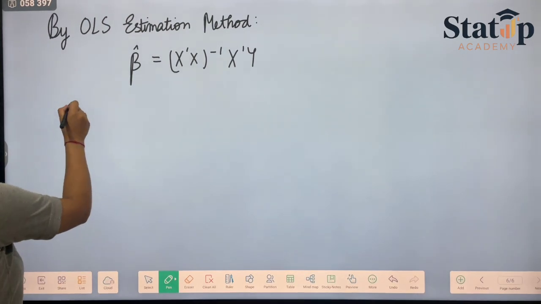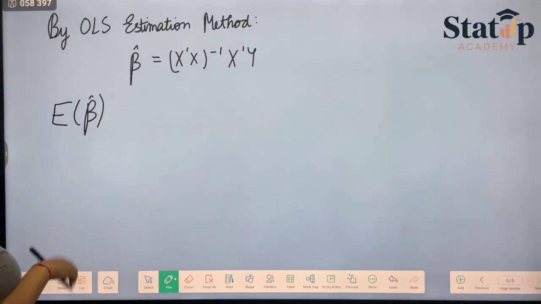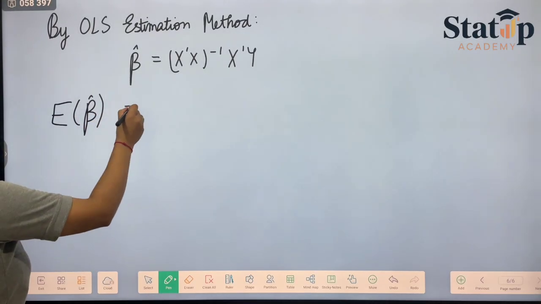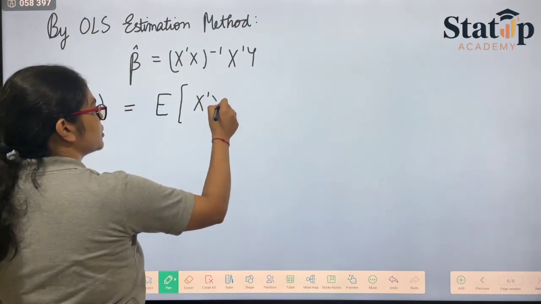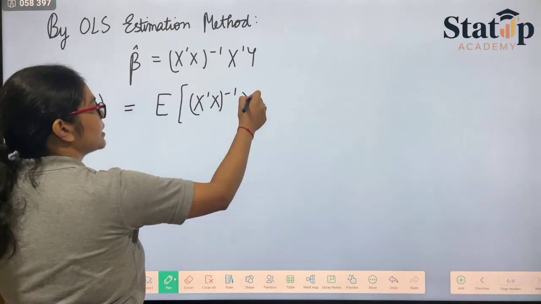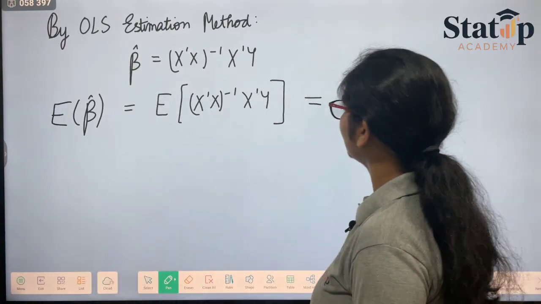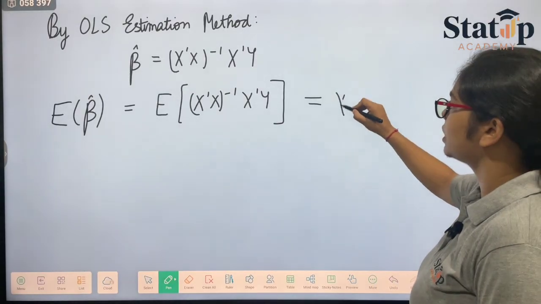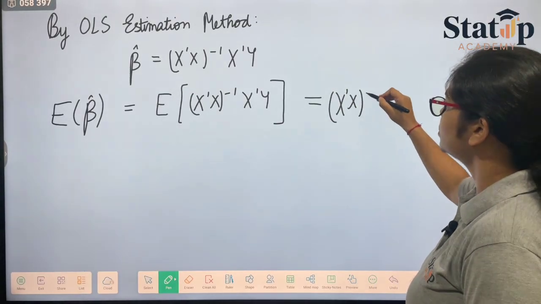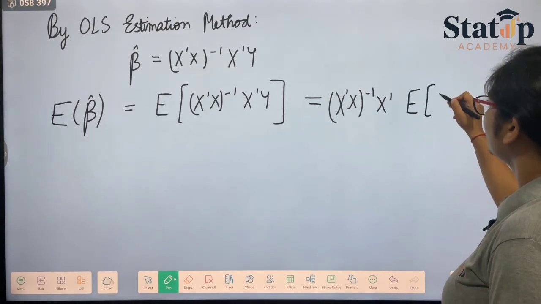Now if we have to find the unbiasedness of this, then we will find the expectation of beta cap. So expectation of beta cap is nothing but expectation of x dash x inverse x dash y, which can be written as, all these x are independent or constant, so they come out of the expectation, x dash expectation of y.